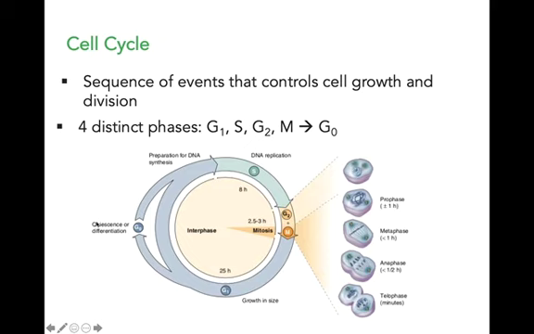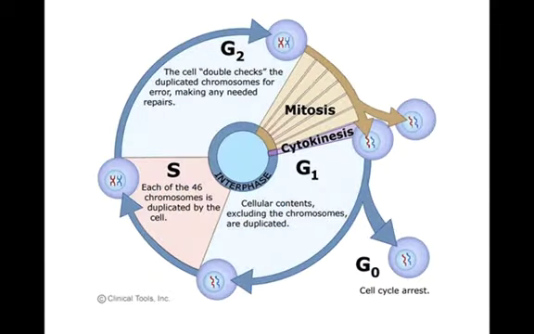Pag wala, they remain in the quiescent, parang dormant lang, waiting. Or sometimes pumupunta sila sa G0 when they become differentiated cells. Okay? Just another drawing or another cartoon showing you the cell cycle.